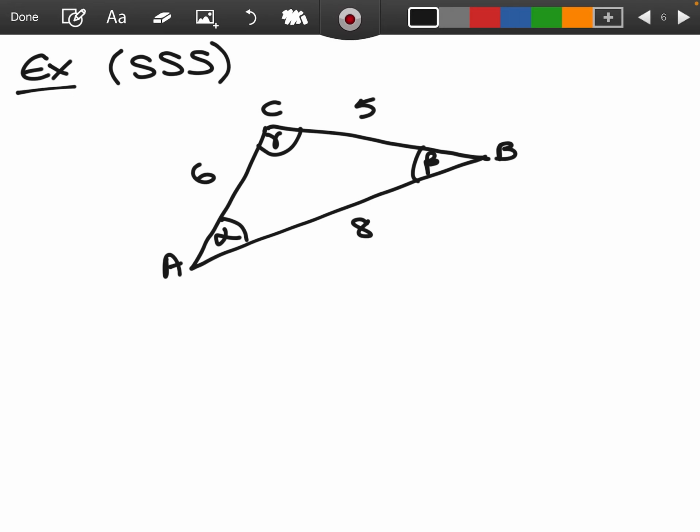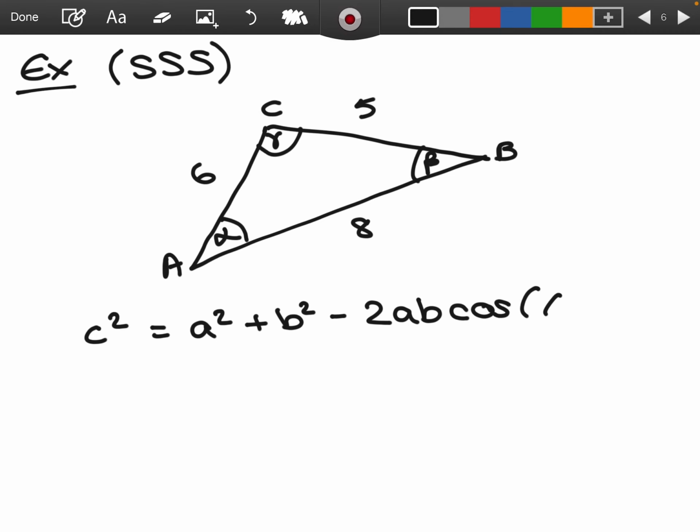Using my law of cosines, and you can figure out which one you want to use here, it doesn't really matter either way, you're going to at least end up with one angle out of this. I'm going to use c squared is equal to a squared plus b squared minus 2ab cosine gamma.